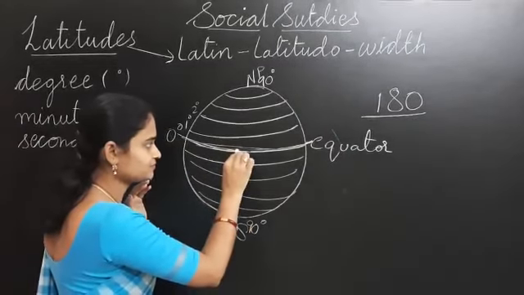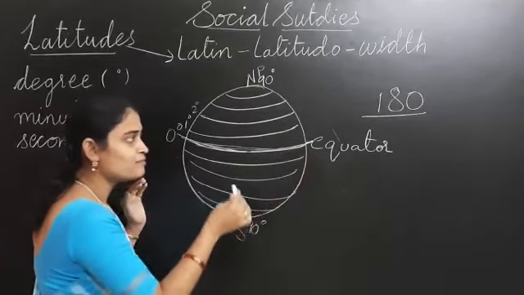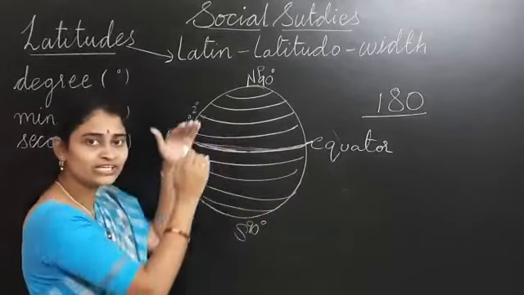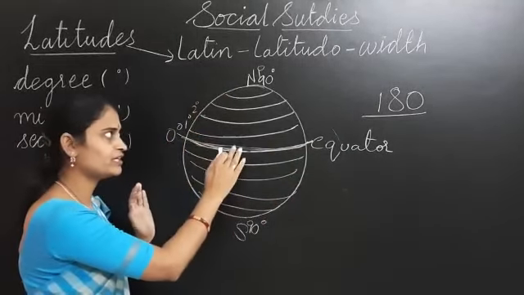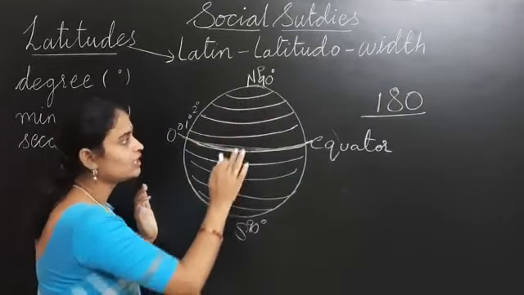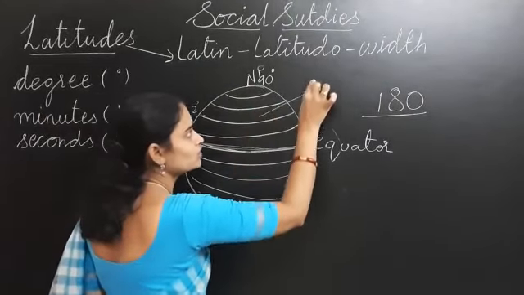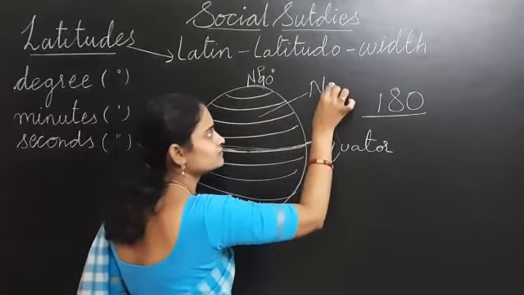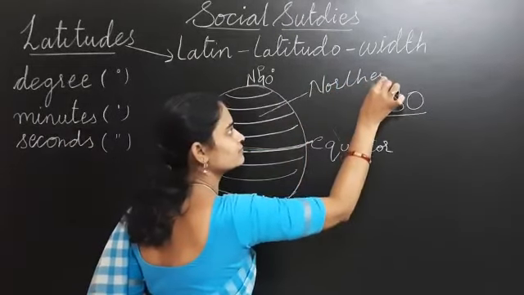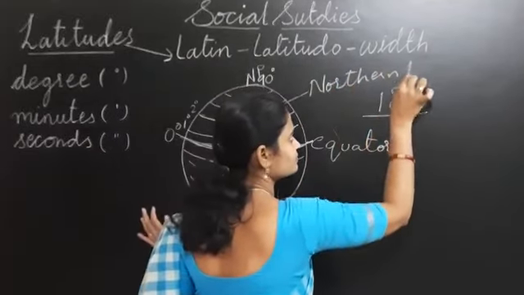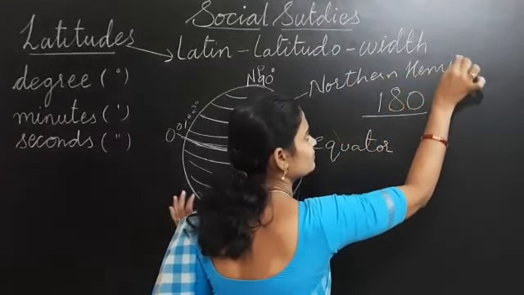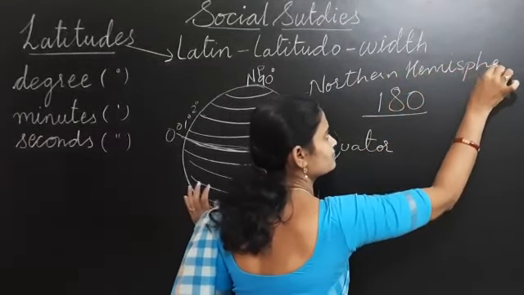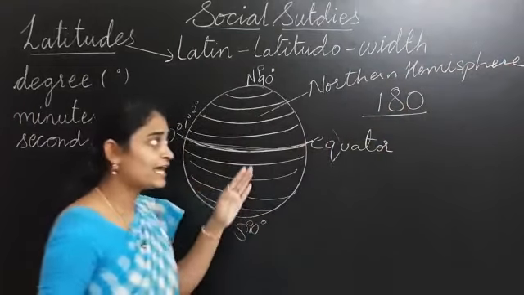Here, the equator divides the globe into two equal halves. From the equator to the North Pole, this part is called the Northern Hemisphere.